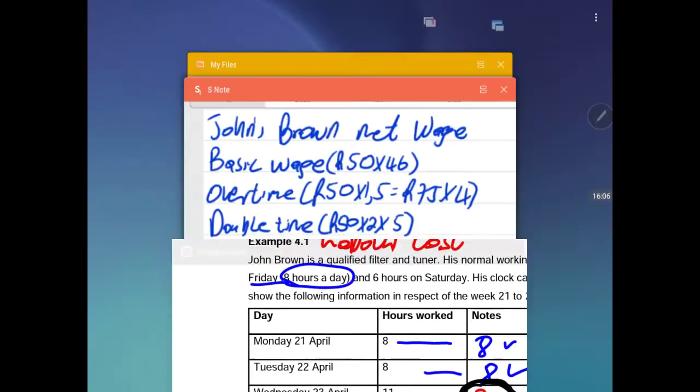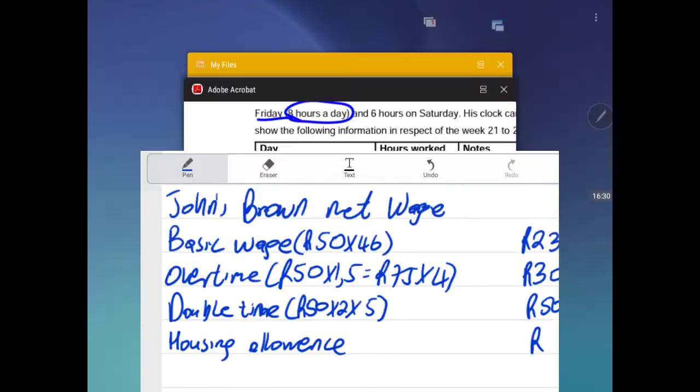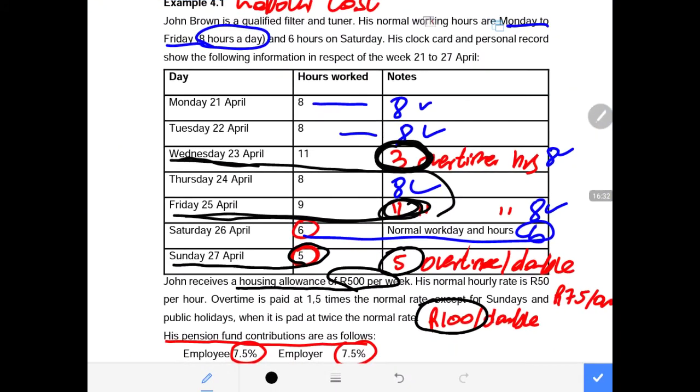Although the employee might not get the money in cash, the company will pay a portion of the bond to the bank. So we have the housing allowance, and the housing allowance that we are provided here is given to be 500.